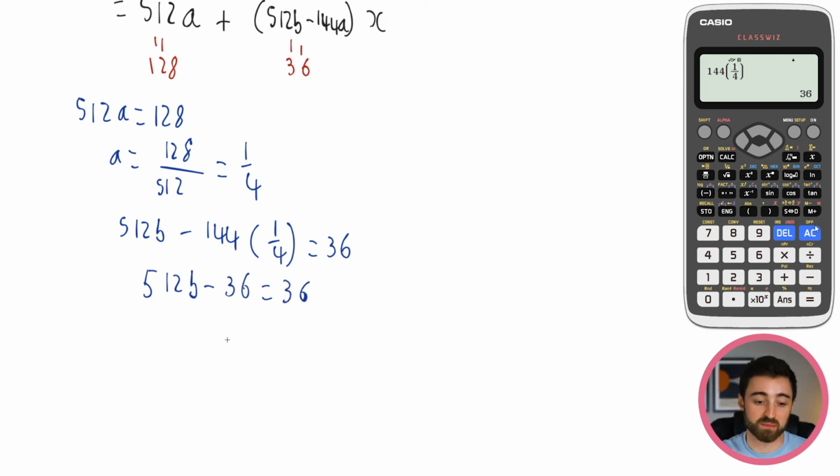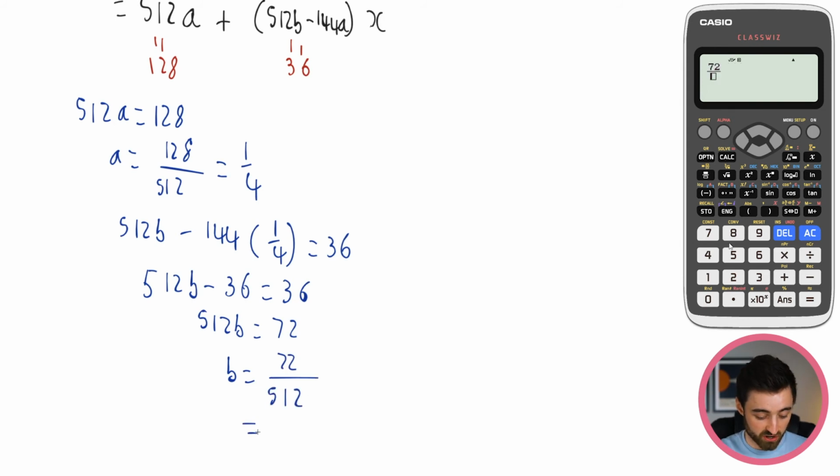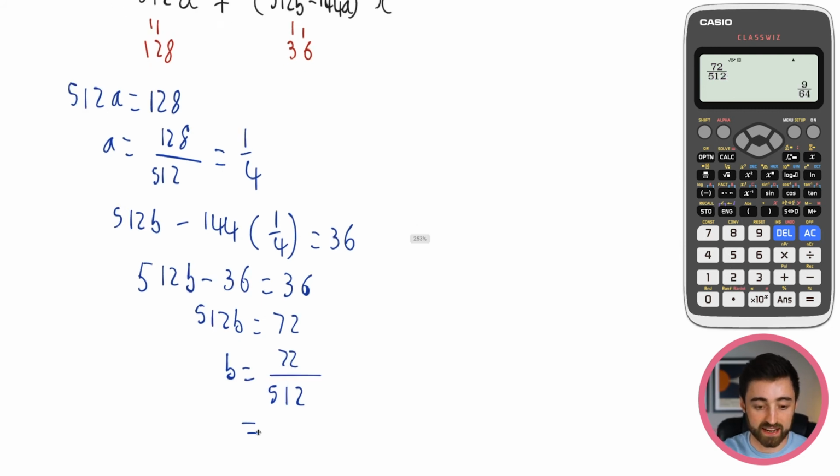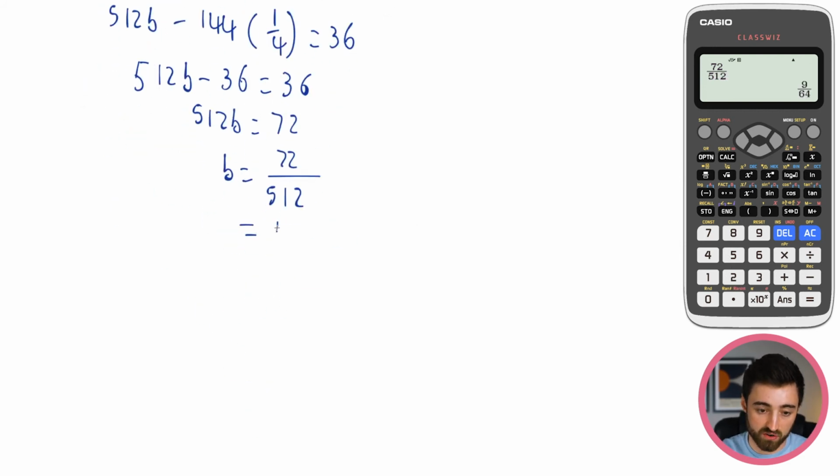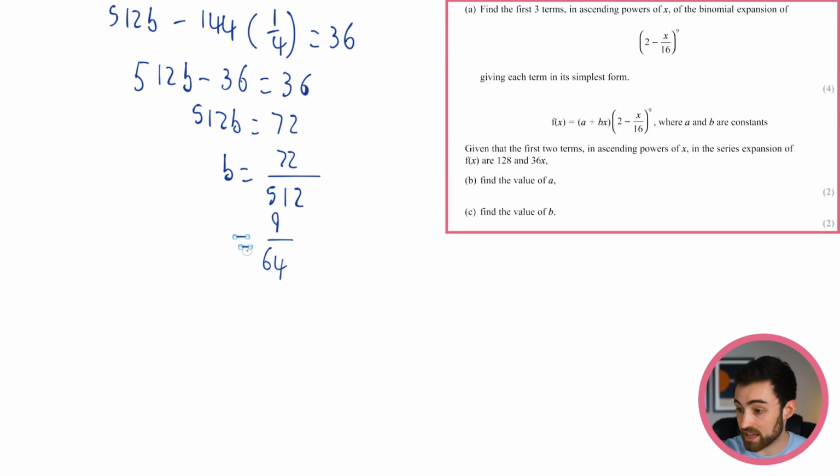Add the 36 onto both sides. I'm going to get 512b is 72. So b is going to be 72 over 512, which is going to equal 9 over 64. That is going to be A and B, and that is going to be question 11 done.